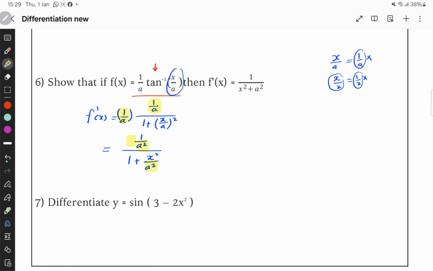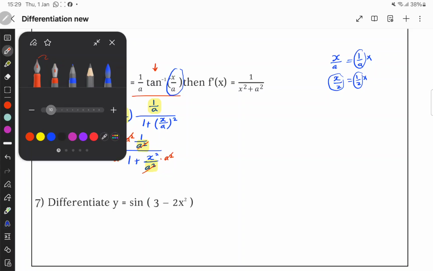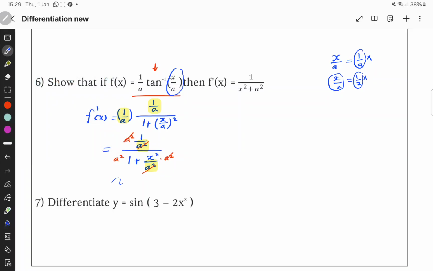Here I will multiply by a squared, and here by a squared, and here by a, all terms. So that cancelled. That cancelled. The others, we just multiply them together. So the remaining numerator is 1. 1 times a squared will be a squared plus x squared. That is my final answer. It's proved. Nothing else.